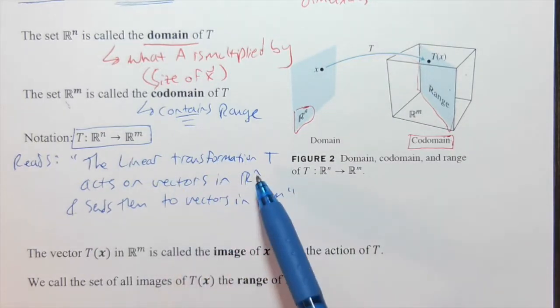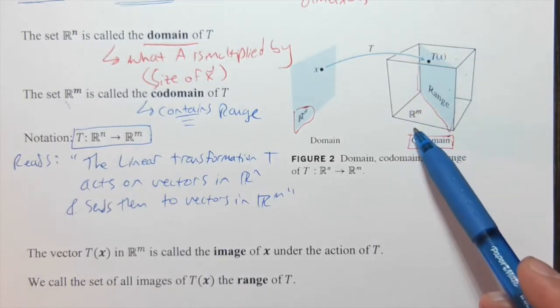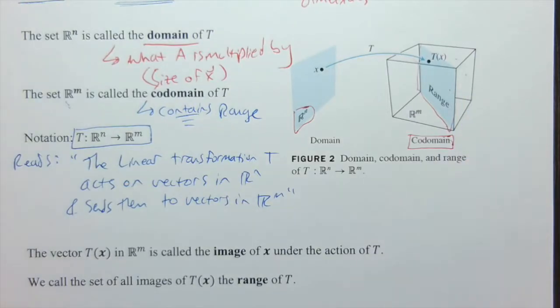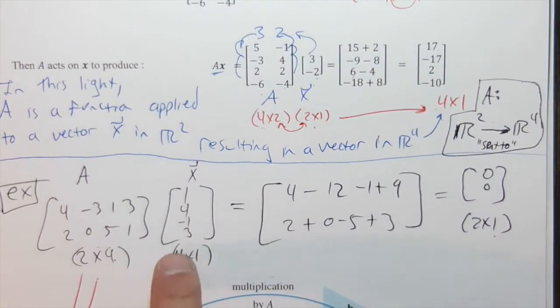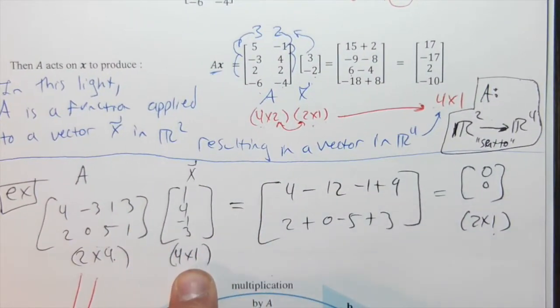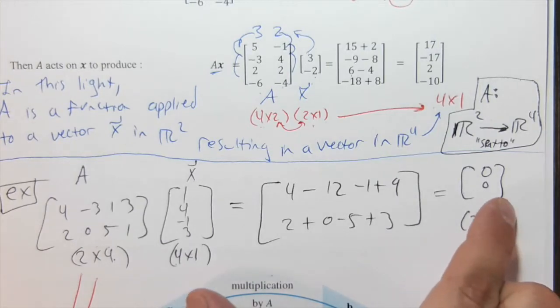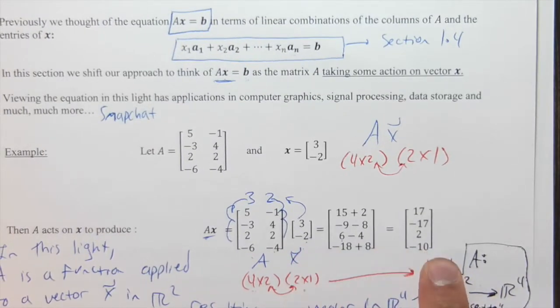And again, it's possible that n and m are the same size, in which case the range and the codomain would be filled. If you have the same dimensions of the two things, then you're going to have the same. But if you don't, like we saw on the last page, in the last one we saw something being sent from a larger dimension to a smaller dimension, and in this one we saw something being sent from a smaller dimension to a larger dimension.